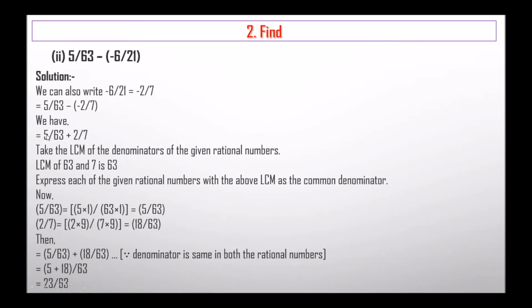Now we will take the LCM of 63 and 7, that is 63. So we will get 5 upon 63 and 18 upon 63. So 5 upon 63 plus 18 upon 63, that is 5 plus 18 upon 63, that is 23 upon 63.